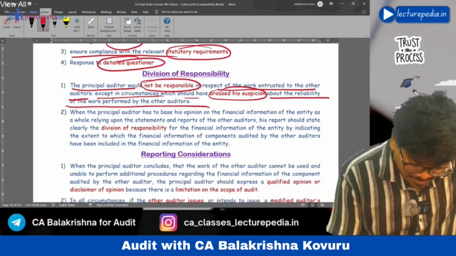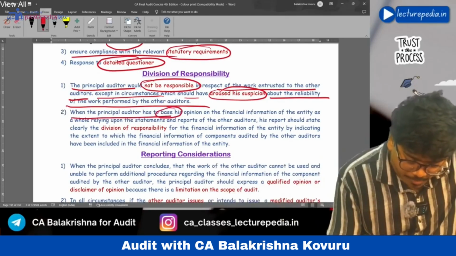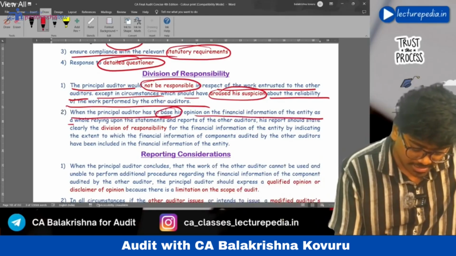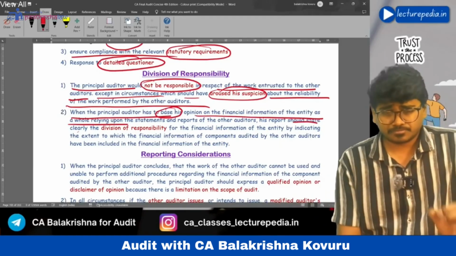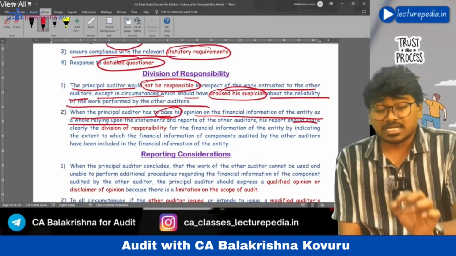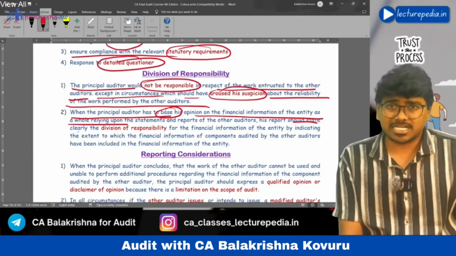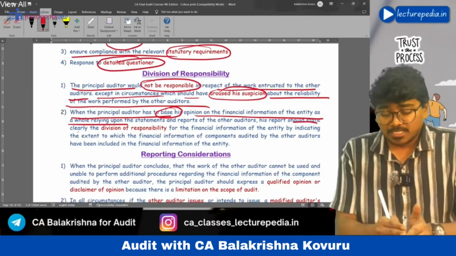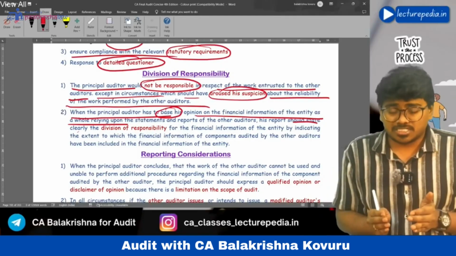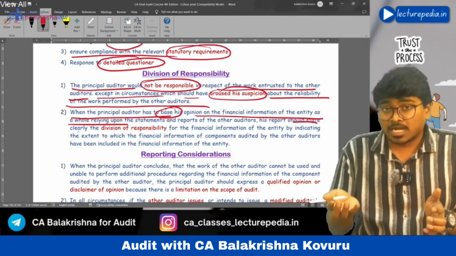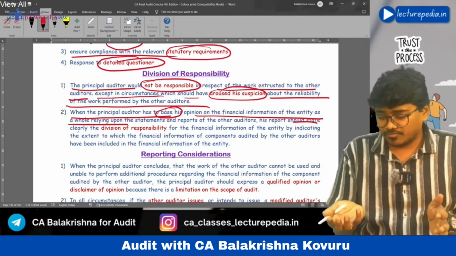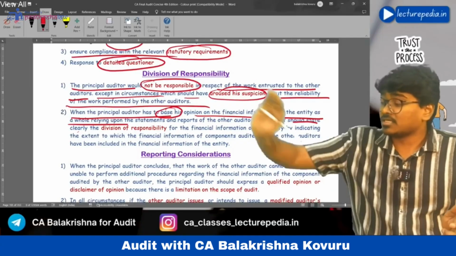Next, when the principal auditor has to base his opinion on the financial information of the entity as a whole, he can make a reference to the point that there is a division of work, wherein the consolidated financial statements include the components' financial statements, and the responsibility to audit the component financial statements lies with the other auditor.